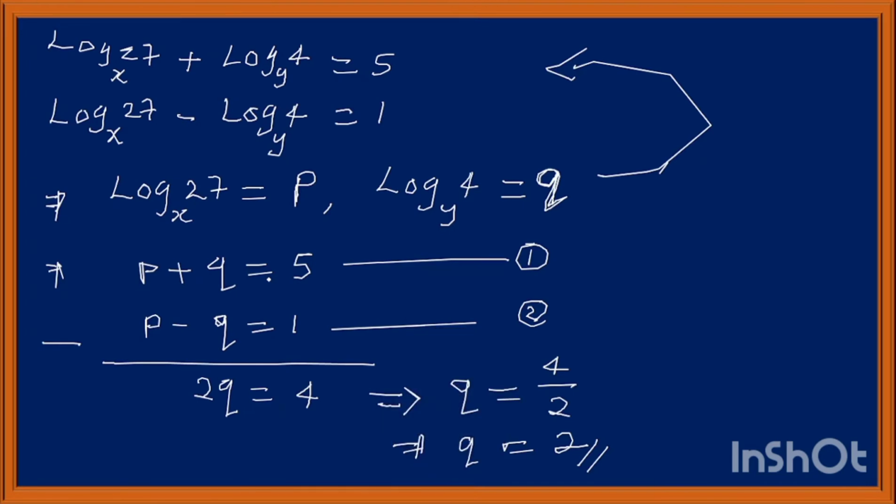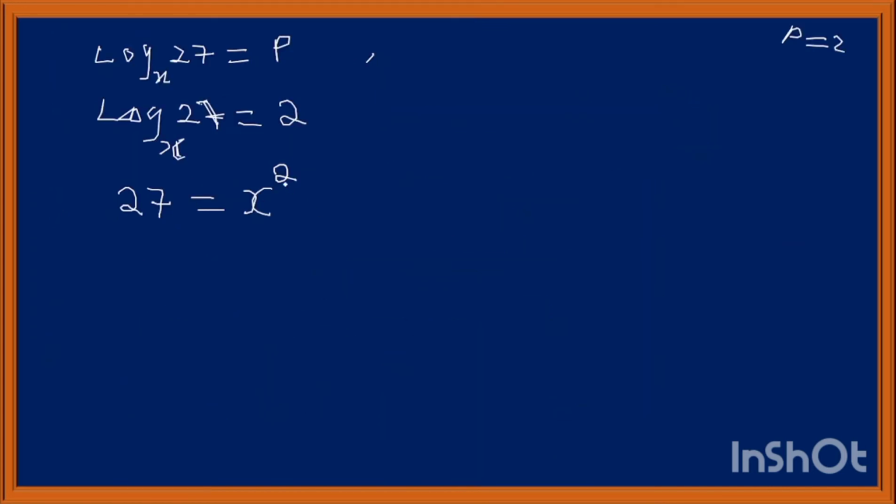I'm sorry, the value of p is actually 3, not 2. It is q that is 2. Sorry for that. So now we have 27 is equal to x to the power of 3.